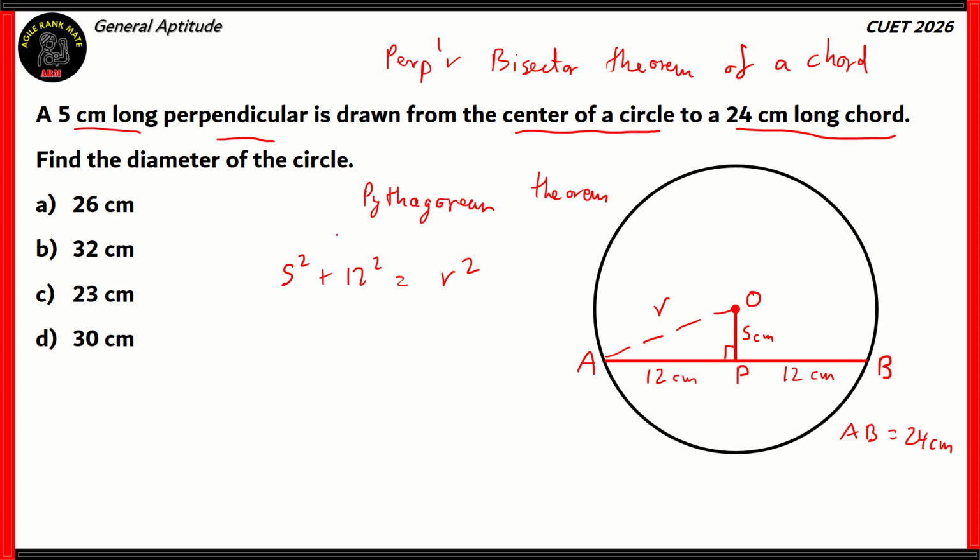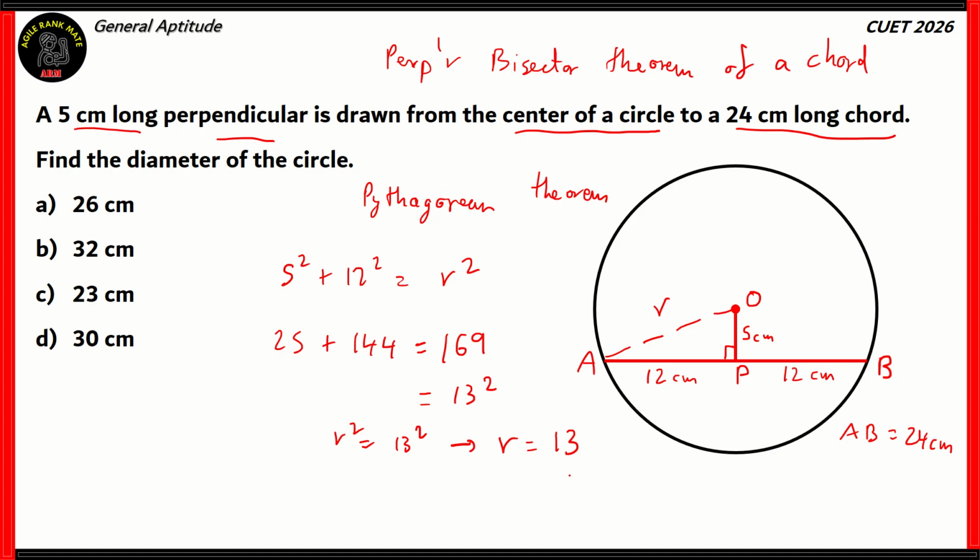Now, if you've learned your squares properly, you would know that 5 squared is 25 and 12 squared is 144. 4 plus 5 equals 9, 2 plus 4 equals 6, and 1 gets carried over. You get 169, which of course is equal to 13 squared. Now, since R squared is equal to 13 squared, that means the radius of the circle is equal to 13.